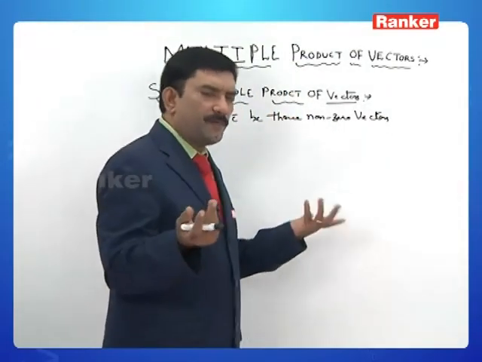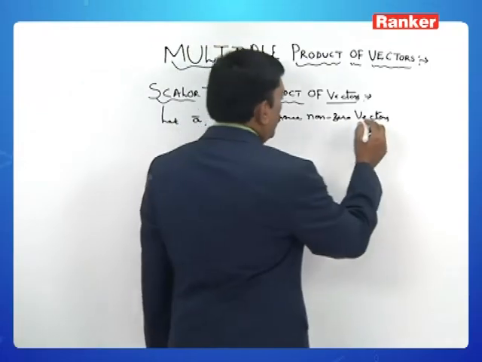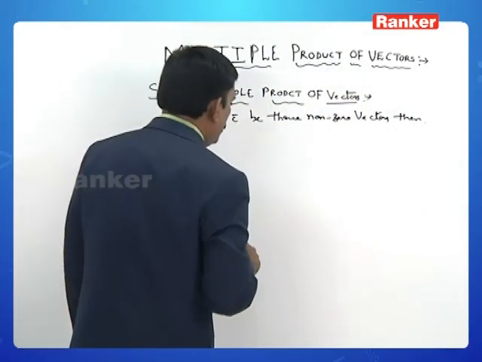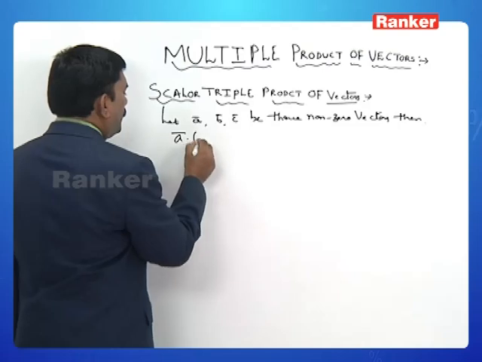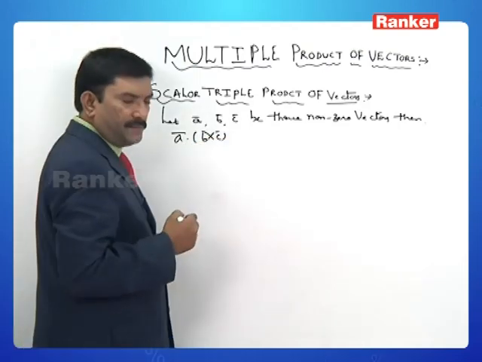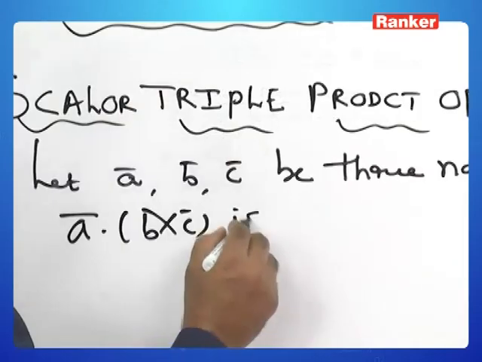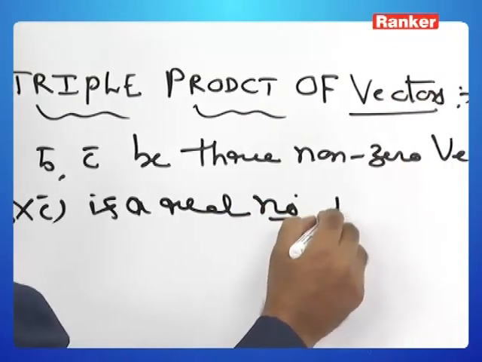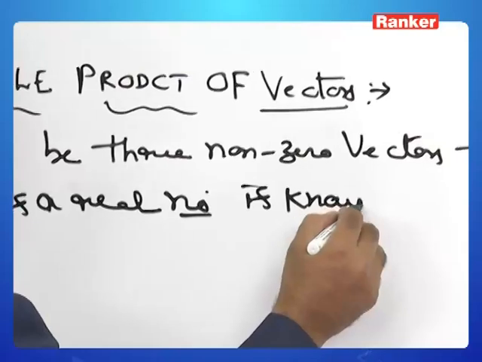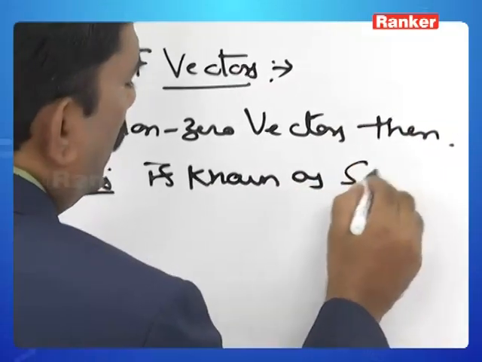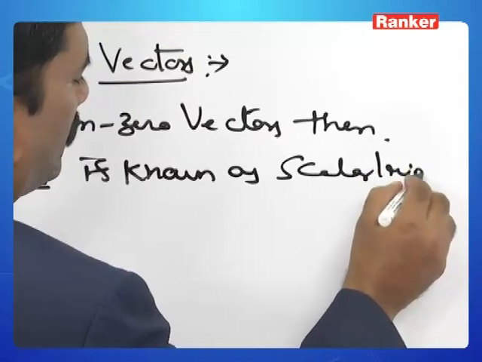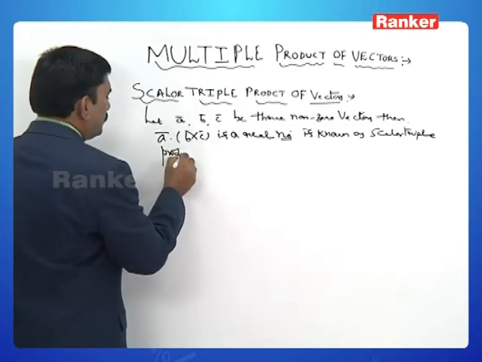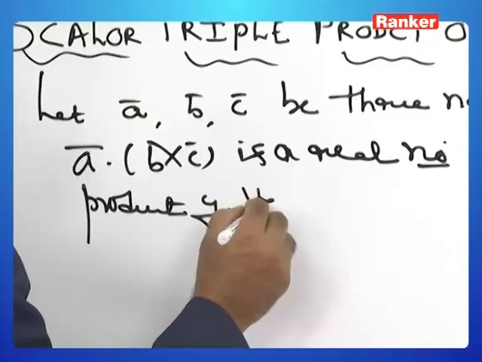You can take them as non-parallel vectors also. Then A bar dot of B bar cross C bar is a real number, known as the scalar triple product of vectors.